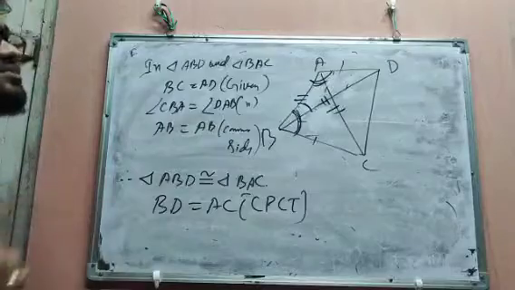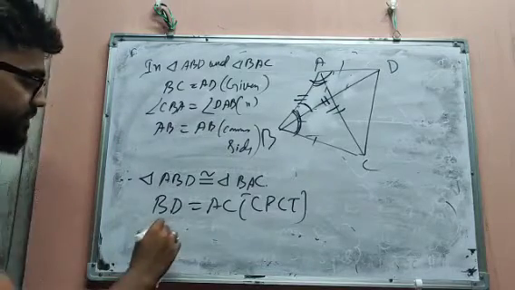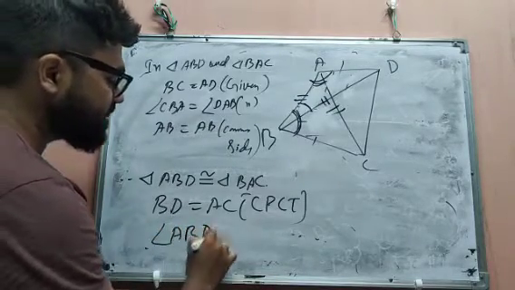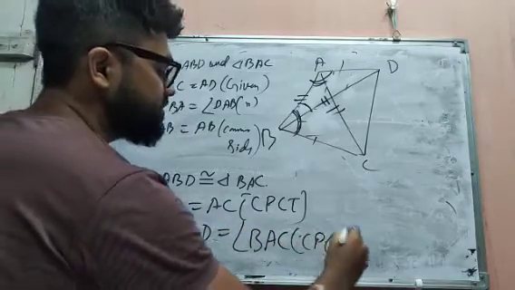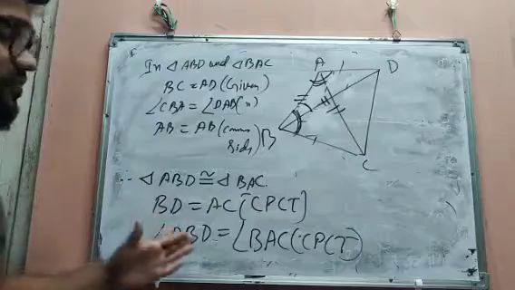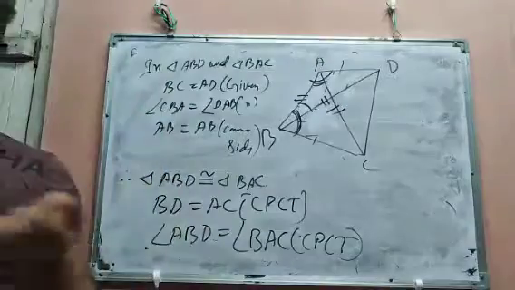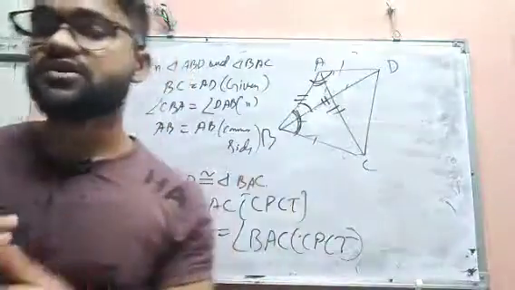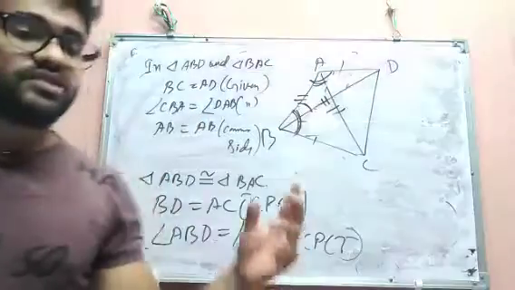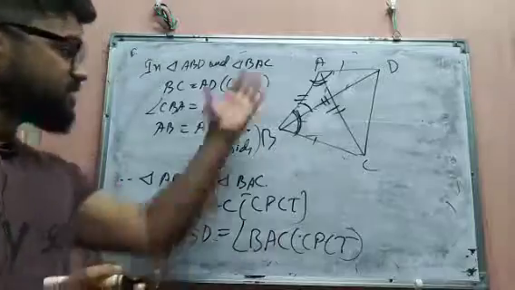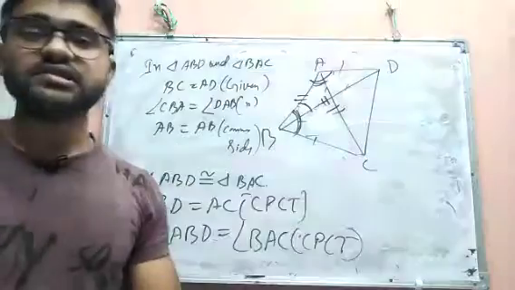These two will also be equal because they are also corresponding parts of congruent triangles. So the last two parts become automatically equal, because we have already proved that the two triangles are congruent and these are parts of the two congruent triangles. Okay, so these two are now equal. So that's all for today. I hope you understand this. So thank you.